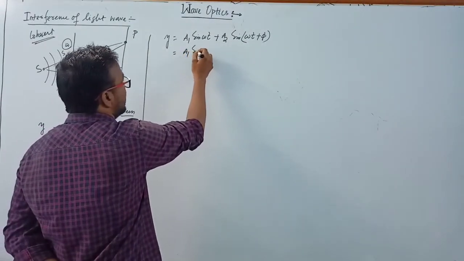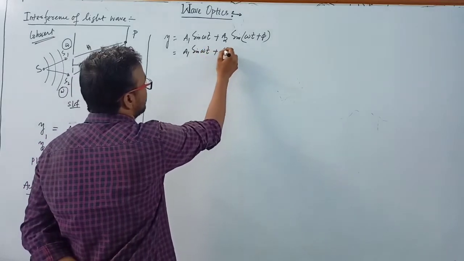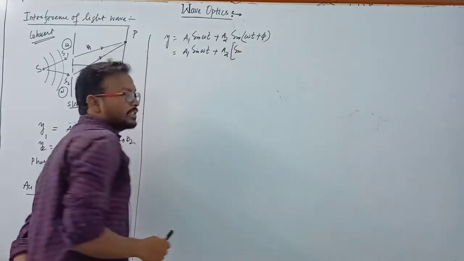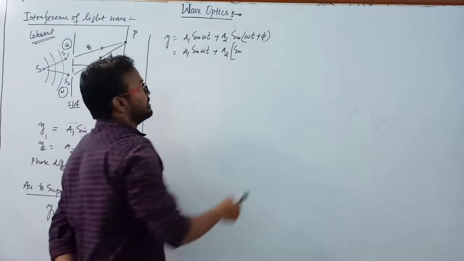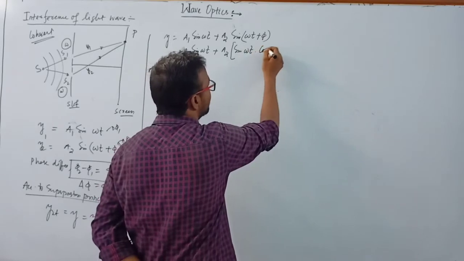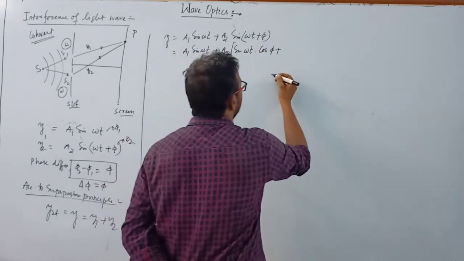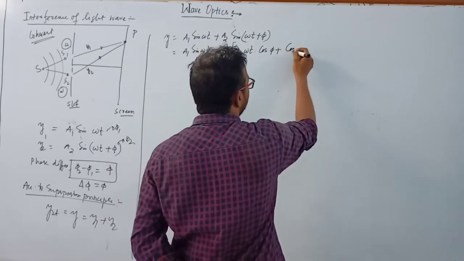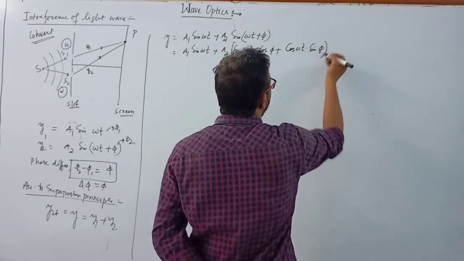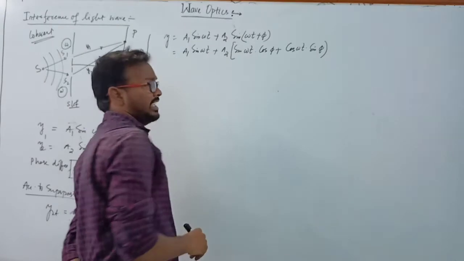For the sin(a plus b) term, we use the formula sin a cos b plus cos a sin b.